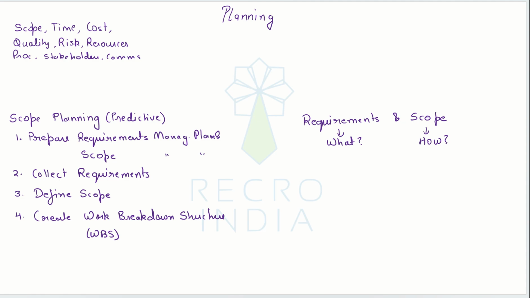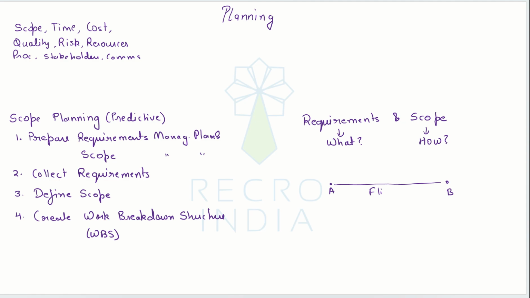But I will take one simple layman's example to further clarify this. Say for example, I have to go from point A to point B, two different cities maybe. Now, my requirement is to reach point B. That's my requirement. But how do I go from point A to point B? There are various options available.